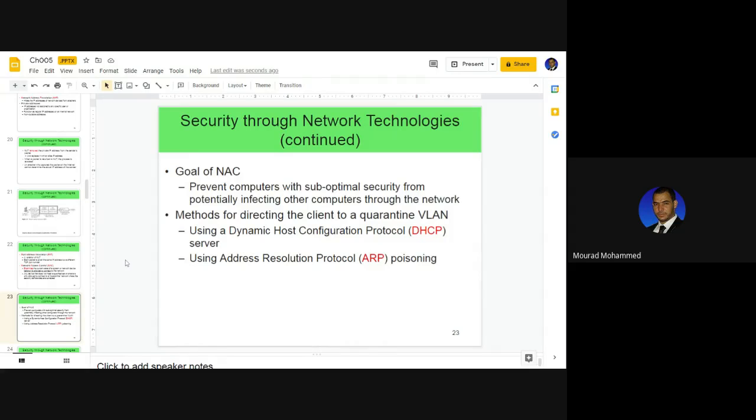Two protocols can help in doing so: DHCP, the Dynamic Host Configuration Protocol, or ARP, the Address Resolution Protocol. Those two protocols can help in filtering requests and passing them to the quarantine area or quarantine zone.